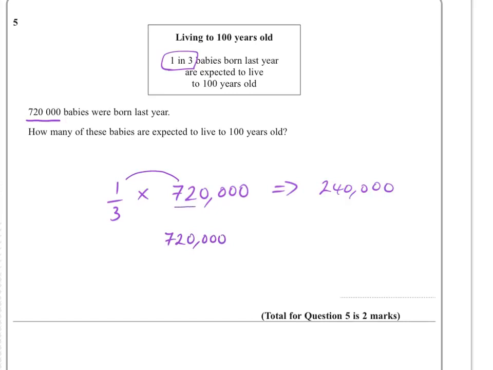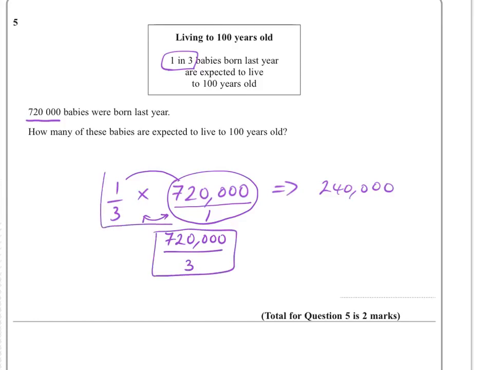And really, this is like having a fraction 720,000 whole ones. So this 3 and the 1 here, when they're multiplied, just give a 3. So this fraction is exactly the same as writing all of that. So you can just simply put this in your calculator and that would be the answer.